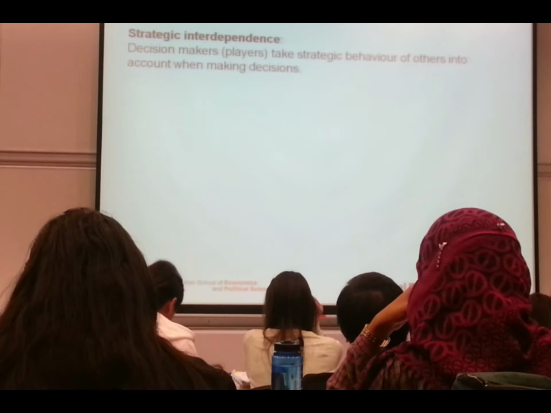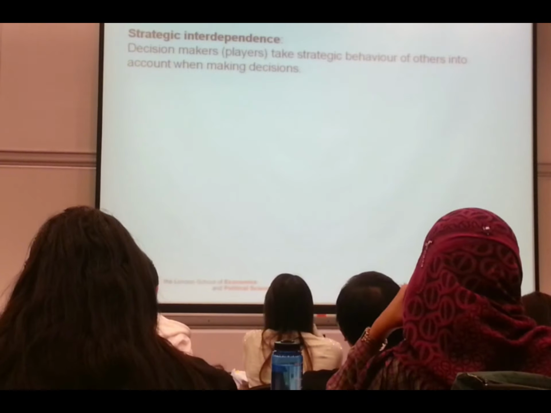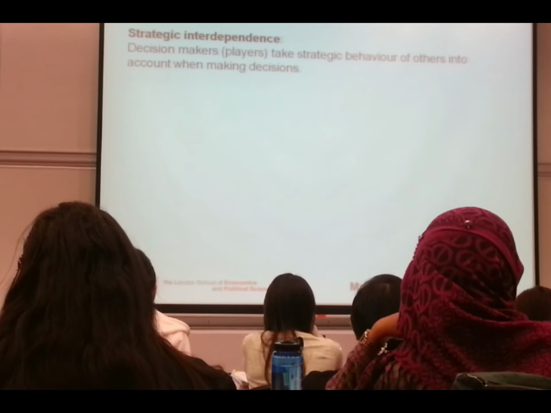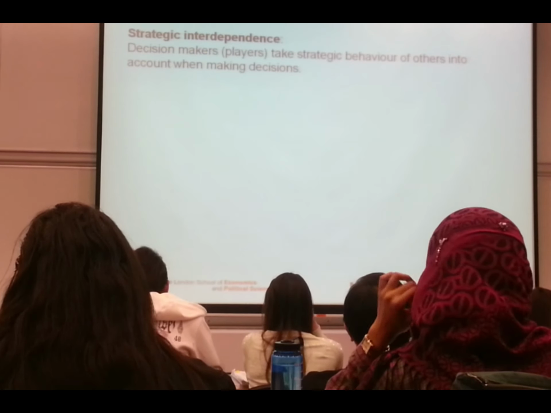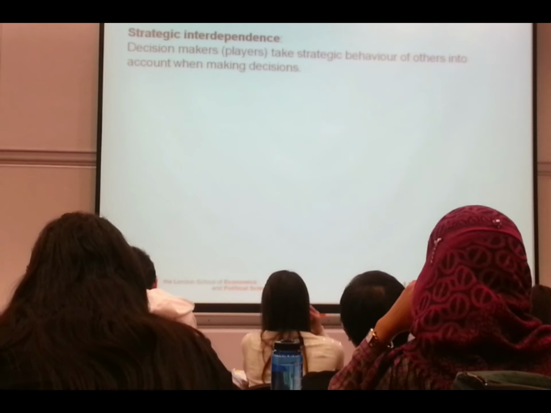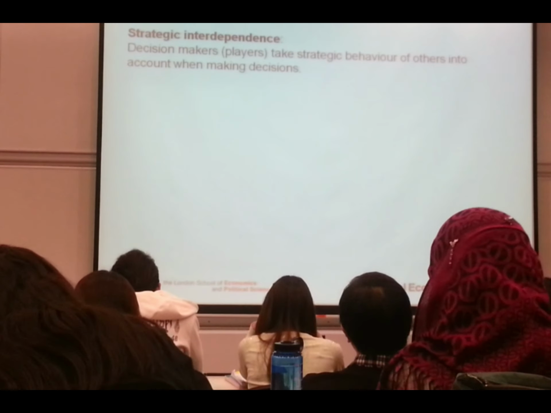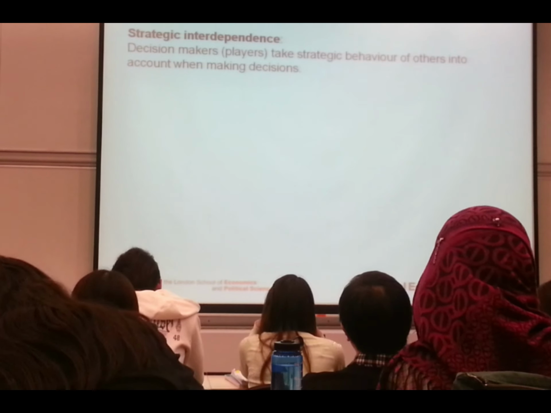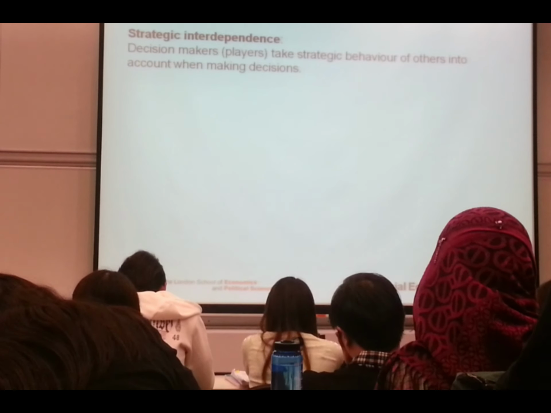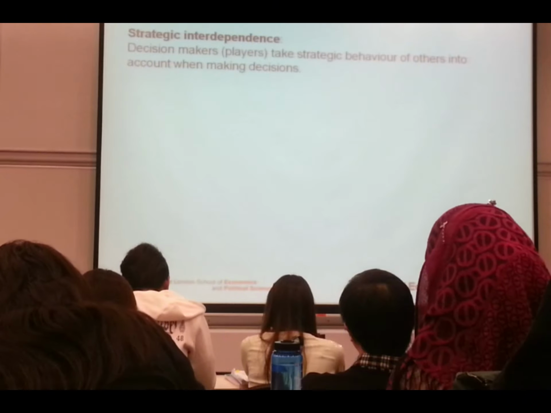Strategic interdependence is given whenever we have decision makers, which we call players in game theory, that will take the strategic behavior of others into account when making their own decisions. So in other words, I'm going to form expectations about what my rivals, what the other players in the game are going to do, and I'm going to behave accordingly.